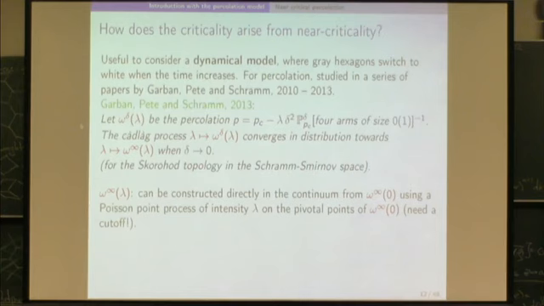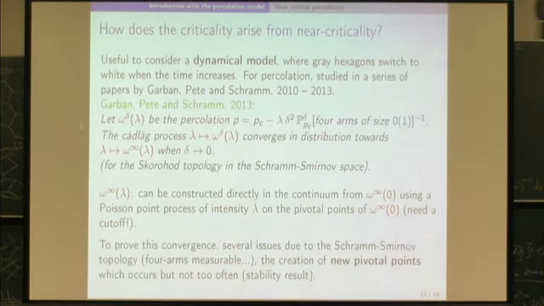And what is interesting is that you can construct this process directly in the continuum. If I give you the continuum version of critical percolation, you can perform a Poisson point process of intensity lambda on the pivotal points that you have in the continuum, and that gives you the construction of this process.